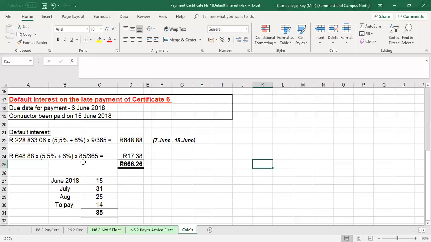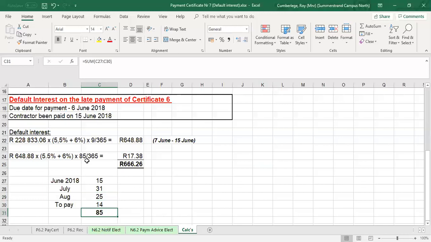If you look at the calculation here, it is June, the balance of 15 days, because I've added the 9 days already in that calculation up till the 15th. So there's still another 15 days remaining from June, July, August. The 25th is the actual due date for payment certificate number 7. Then we add 14 days to pay, and that gives me another 85 days.